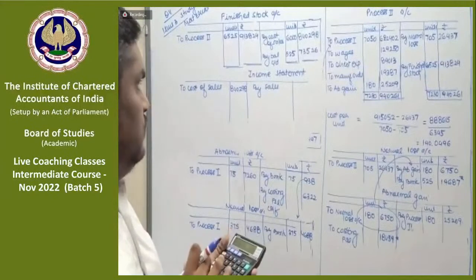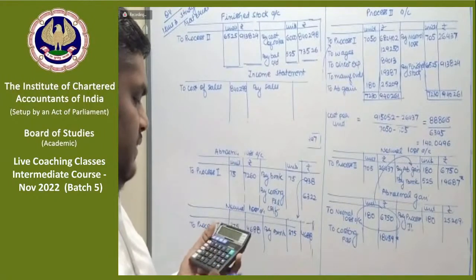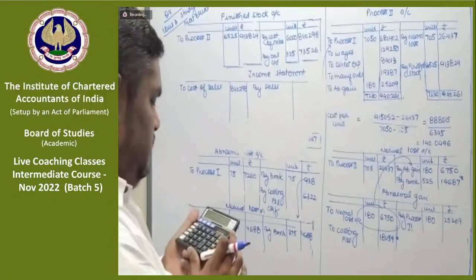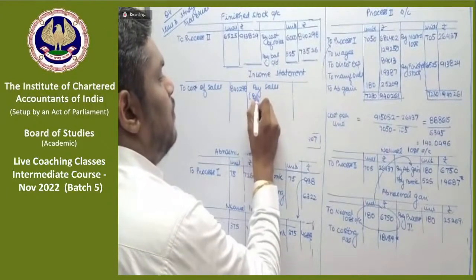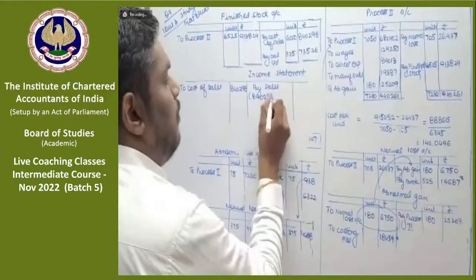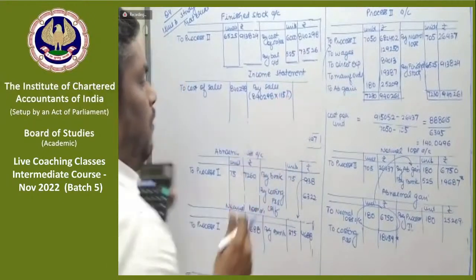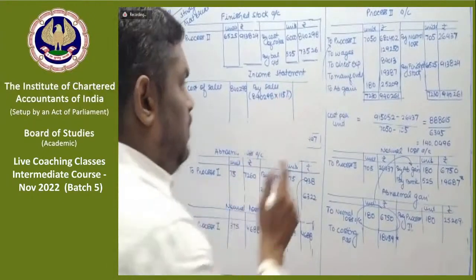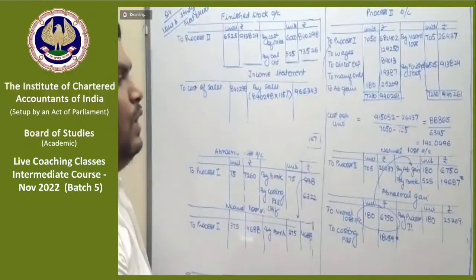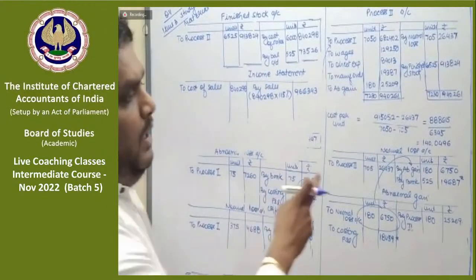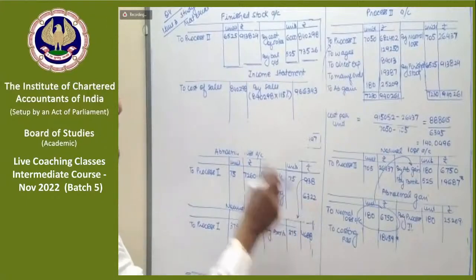So 840,298 plus 15%. So this will be 966,343. Apart from this, in the abnormal loss account, a certain amount is to be transferred to costing P&L.